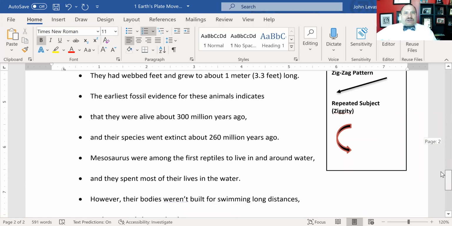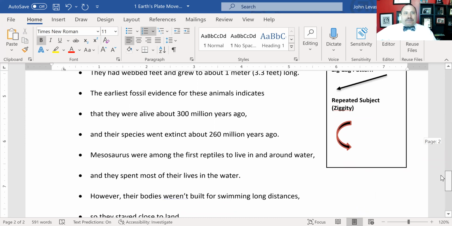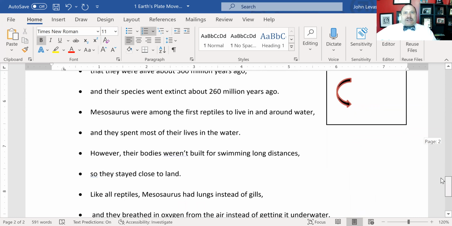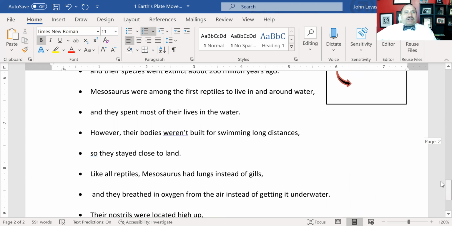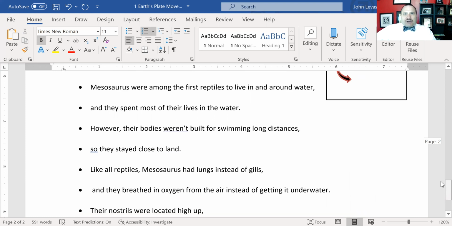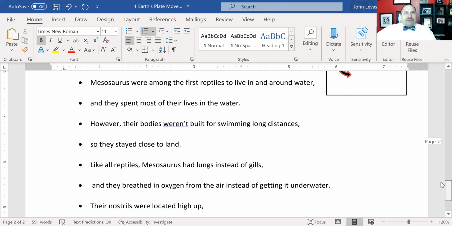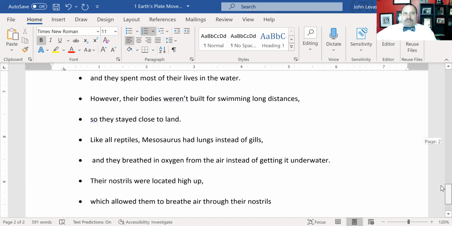The earliest fossil evidence for these animals indicates that they were alive about 300 million years ago, and their species went extinct about 260 million years ago. Mesosaurus were among the first reptiles to live in and around water, and they spent most of their lives in the water.